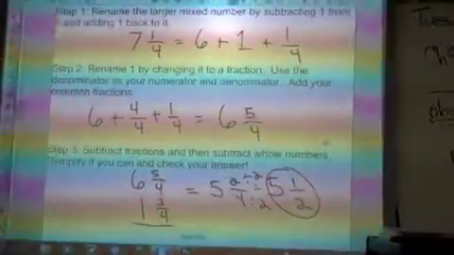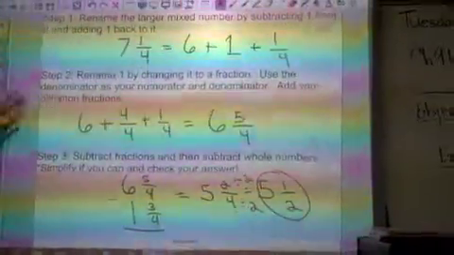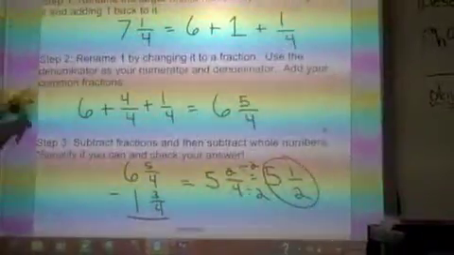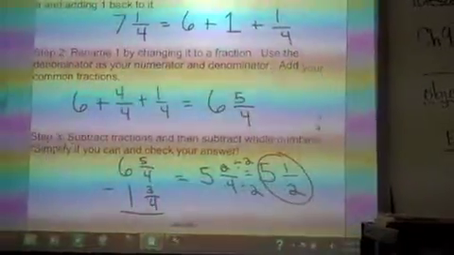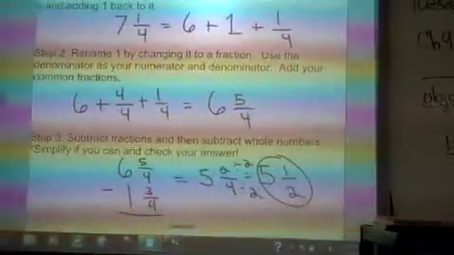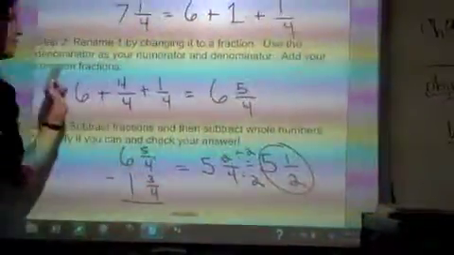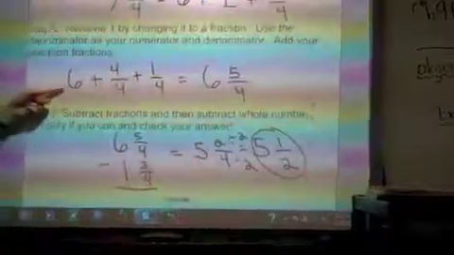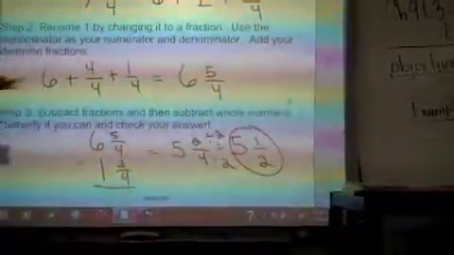Then we have step 2, and this is going to be slightly different. Step 2, rename your whole number 1, that's like last time, by changing it to a fraction. Use the denominator as your numerator and denominator, and then add your common fractions. That part, add your common fractions, we didn't have yesterday. Now we do. So we take our 6, because remember, once you write 7, you never write it again.